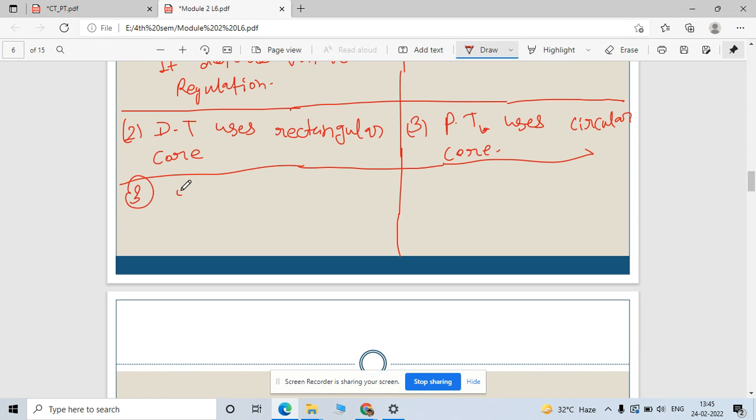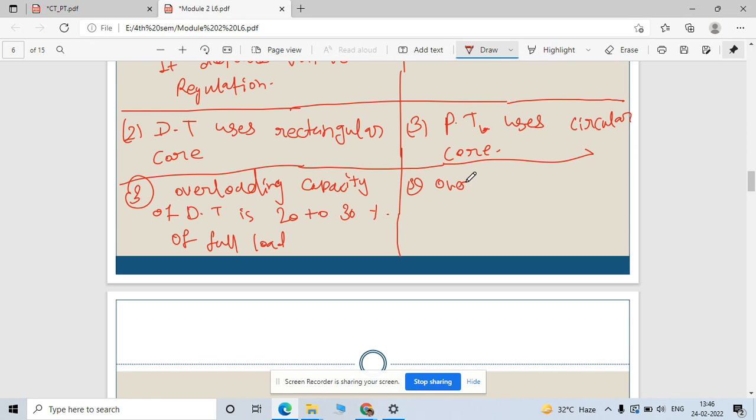Now, one more point is overloading capacity. The overloading capacity of distribution transformer is 20 to 30% of full load, and the overloading capacity of potential transformer is 2 to 3 times, 2 to 3% of full load.